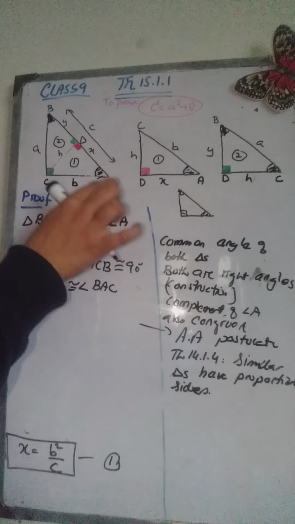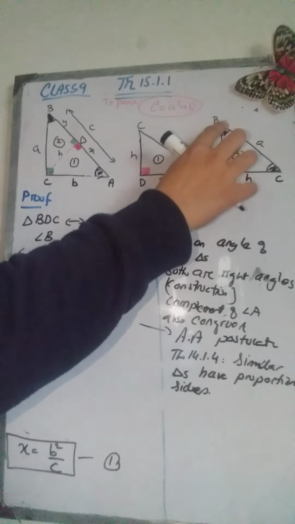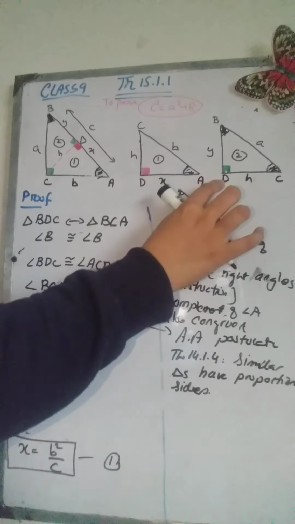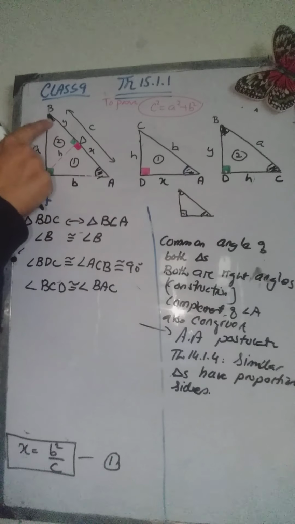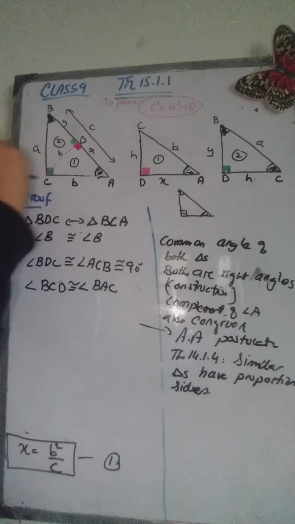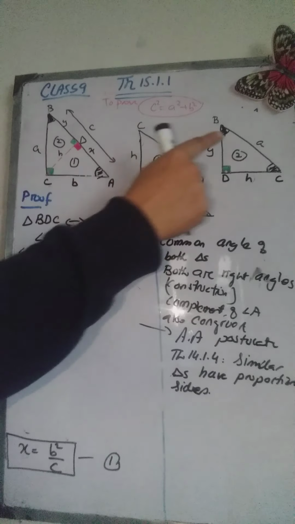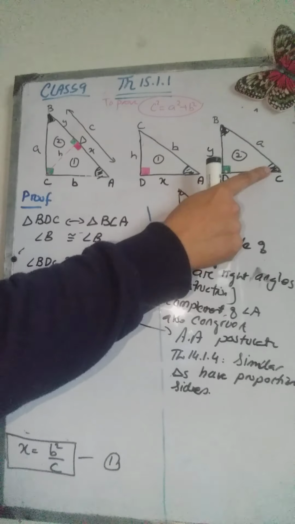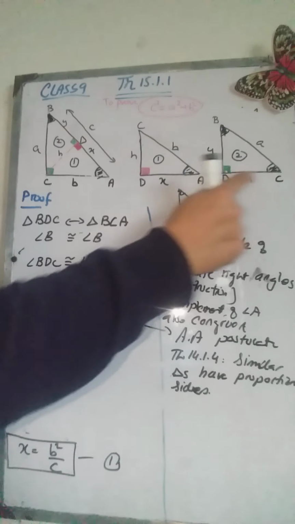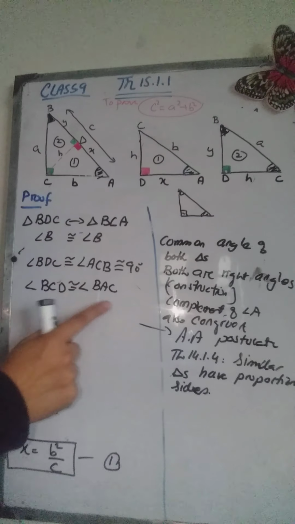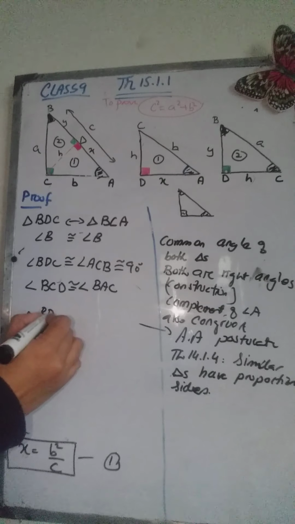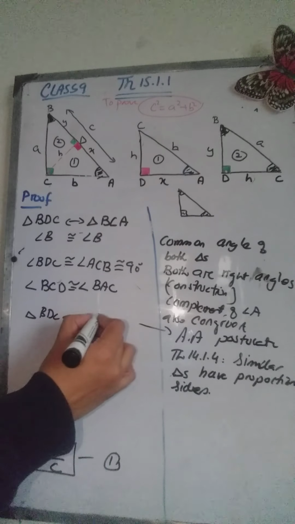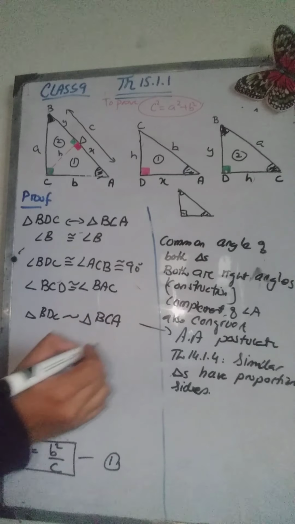Angle BAC will be equal to angle BCD of this triangle, because C is the complement of B. Here also A is the complement of B. As B is the same, 90 minus B will be A. Here 90 minus B will be this angle. So these two angles BCD will be congruent to BAC. That is what I have written. It means that both the triangles, triangle BDC, will be similar to triangle BCA.